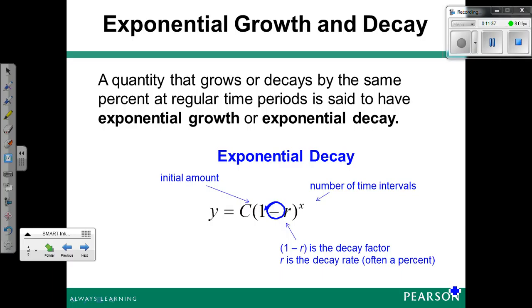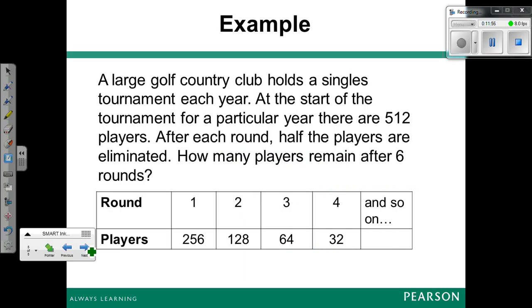For decay, you're subtracting that rate, but the 1 is still accounting for the original amount, correct? Same explanation: the independent variable is going to be the exponent. And so let's get to the problem.